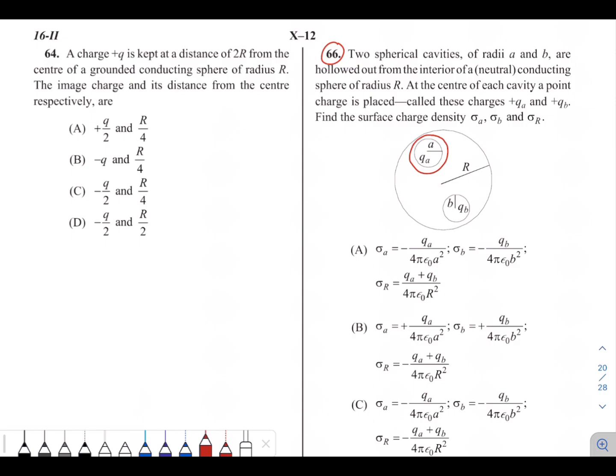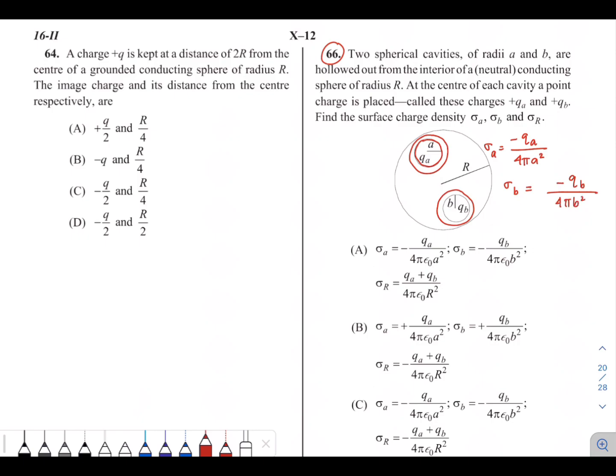And according to Gauss law, the net electric charge inside that Gaussian surface would be 0. Thus, the charge minus Qa will appear on the surface of this cavity. Thus, the surface charge density sigma a is equal to minus Qa divided by 4 pi a squared. Similarly, considering another Gaussian surface just outside the second cavity, we can find the surface charge density sigma b is equal to minus Qb divided by 4 pi b squared.